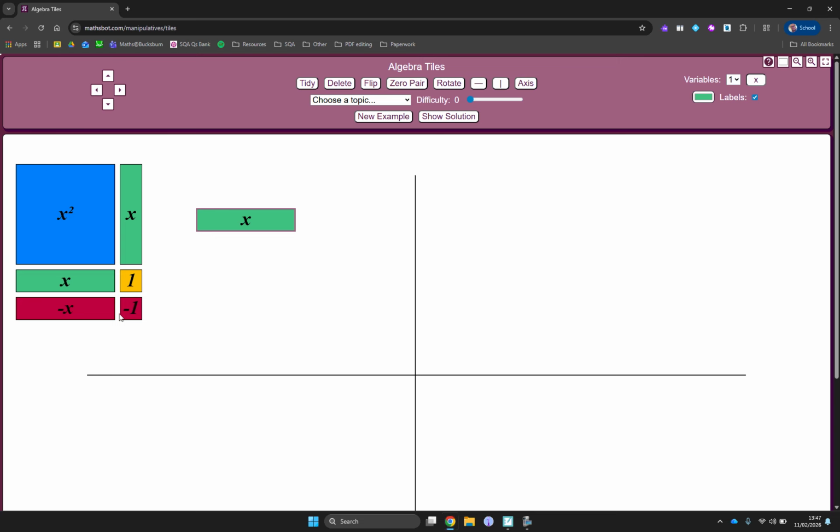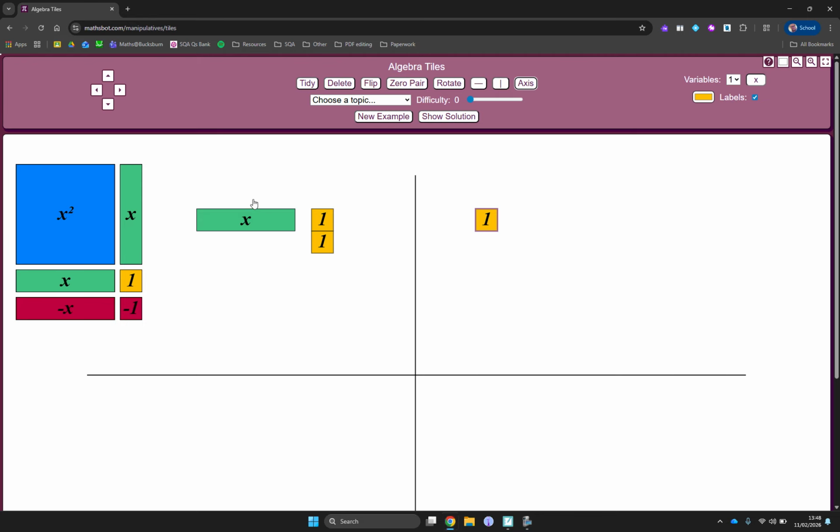So I've got x plus 2, and that is equal on the other side to 1. And obviously before we do this, we'd spend some time just building expressions with the tiles. But here I'm solving an equation. And I suppose the golden rule of equations is whatever you do to one side, you must do to the other.